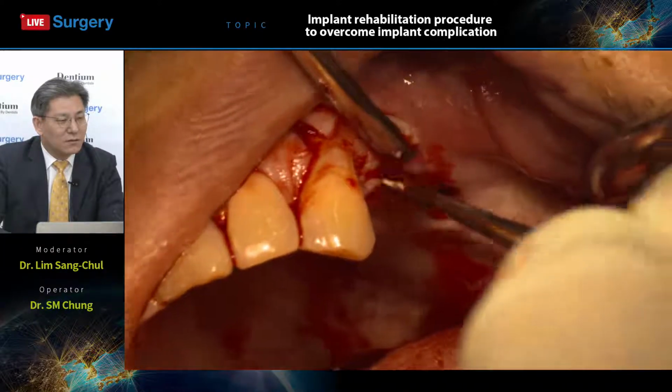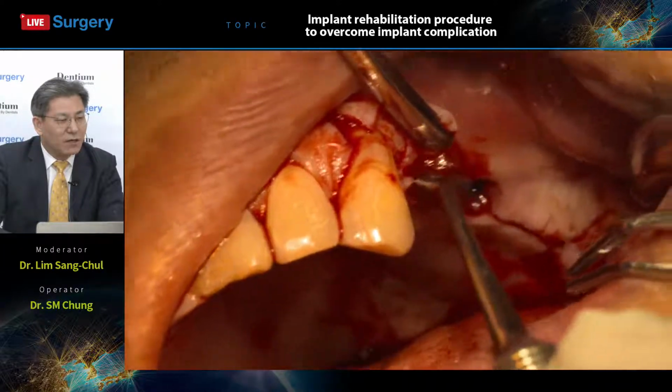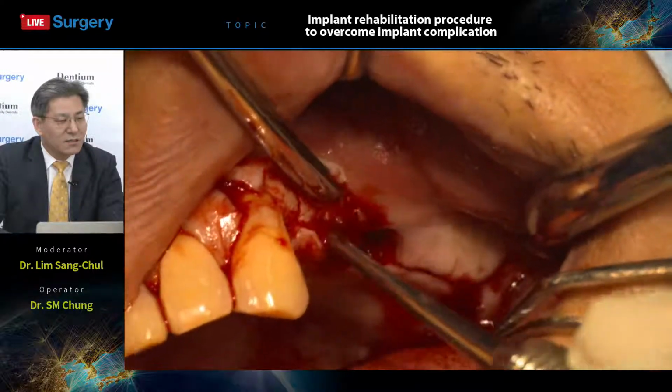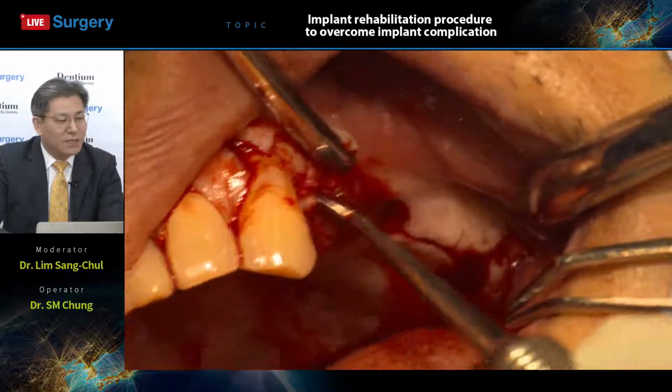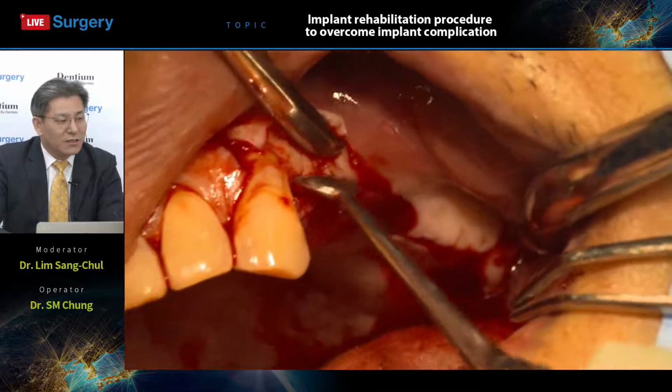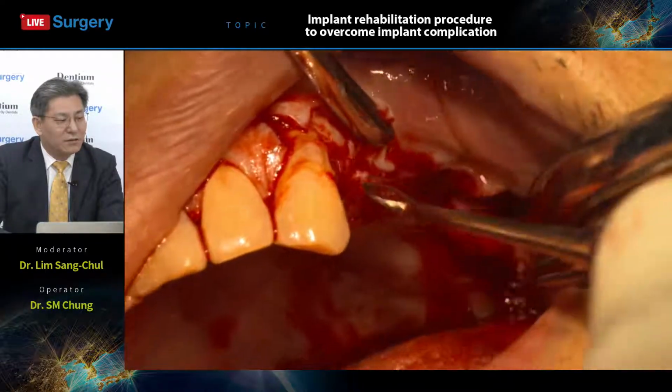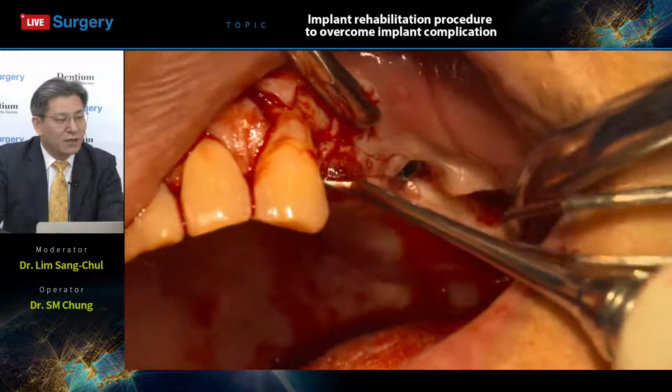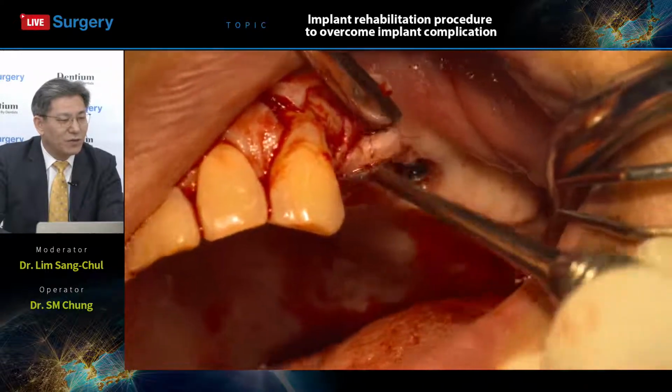Then he wants to make a full thickness flap reflection from this incision area, the crestal area. Okay, the granulation tissues are around there.